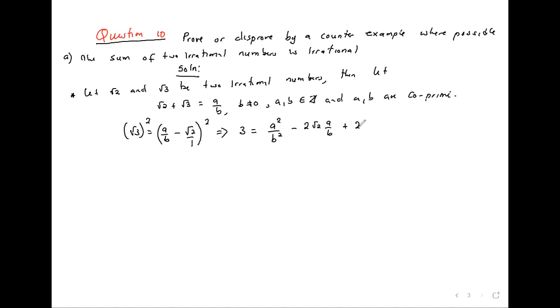Now, the only root that we have in the question is here. So we'll make it the subject now, taking everything else the other side. Or we'll take that same part to the left so that it becomes positive. 2a over b root 2 is equal to a squared over b squared plus 2 minus 3. Then this is the same as 2a over b root 2 is equal to a squared over b squared minus 1.